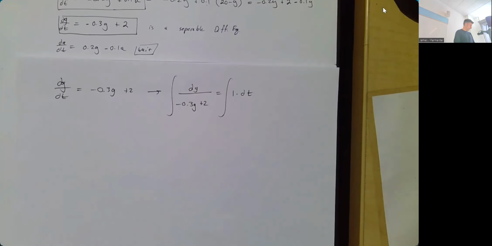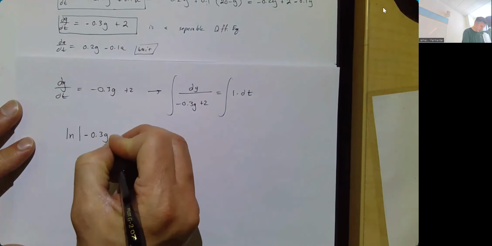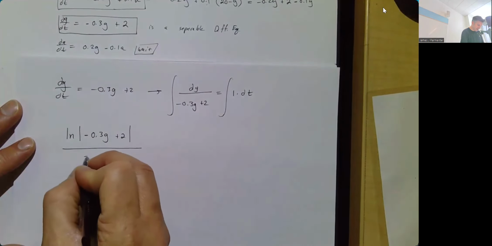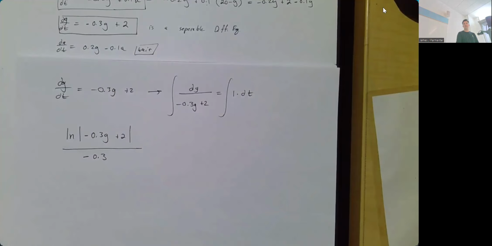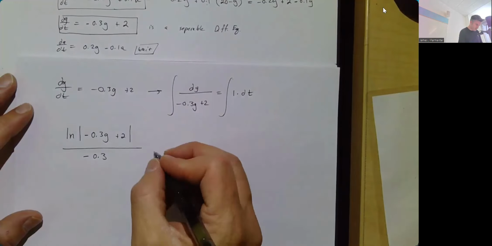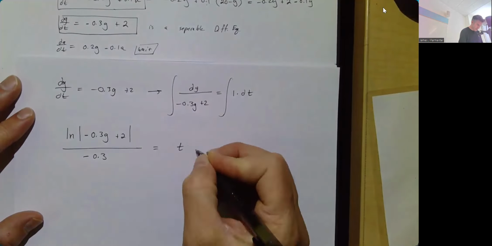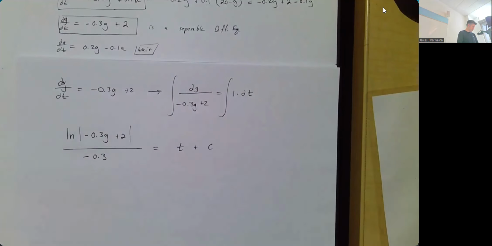The negative 0.3 is kind of funky, but it's fine. Integrating this, we get the natural log of negative 0.3 g plus 2, divided by negative 0.3, equal to t plus a constant.